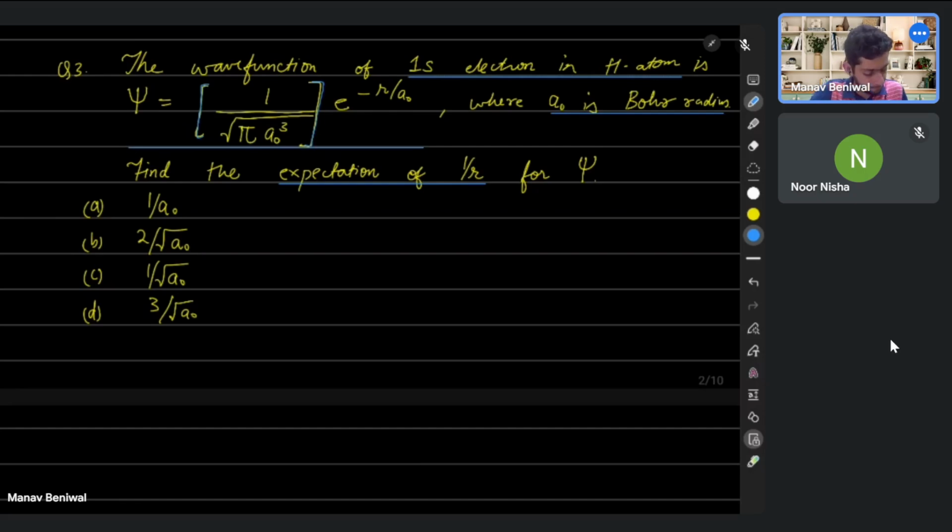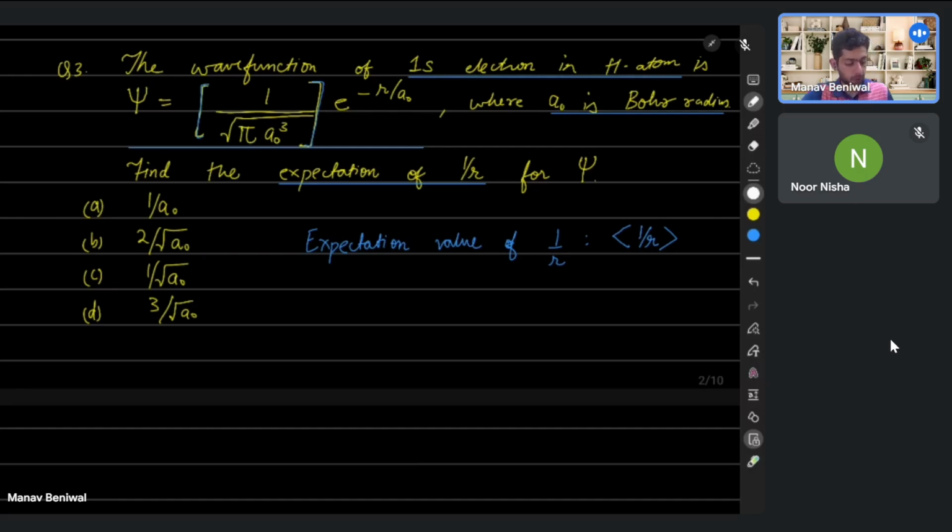So the expectation value of 1 over r is generally denoted like this, and we want to find out this value, the average of 1 over r. Now in the class and also in the previous sessions we discussed how you find the expectation value of any function which is given to you.